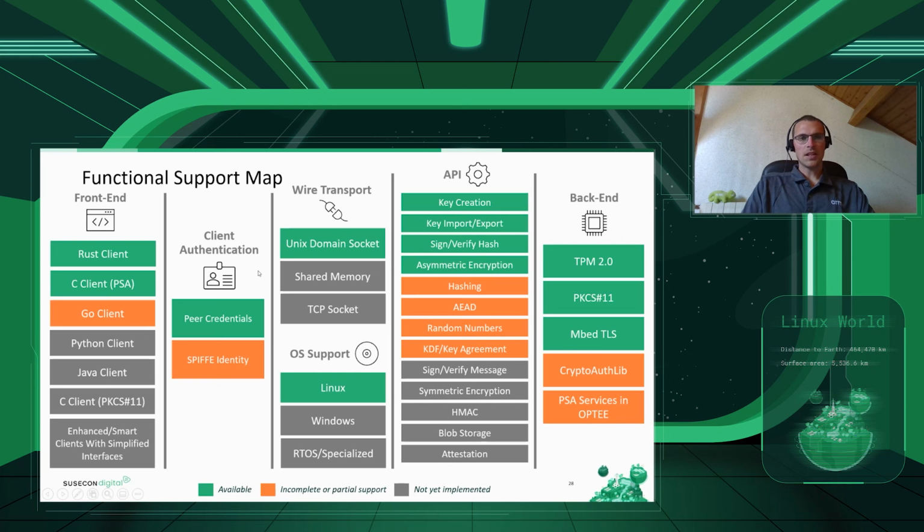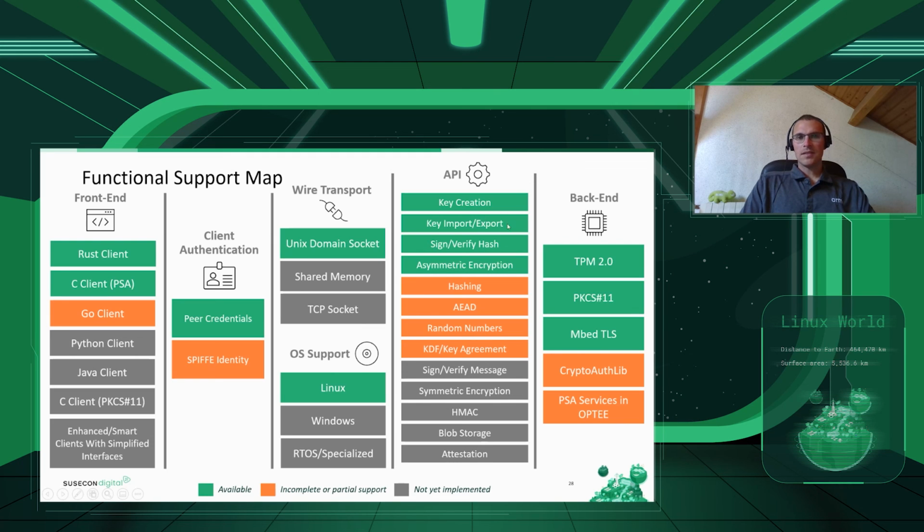On client authentication, you have only peer credentials for now, and SPIFFE identity is work in progress. For the wire transport, only Unix domain socket is available for now. And for OS support, you only have Linux, which is fine for us.